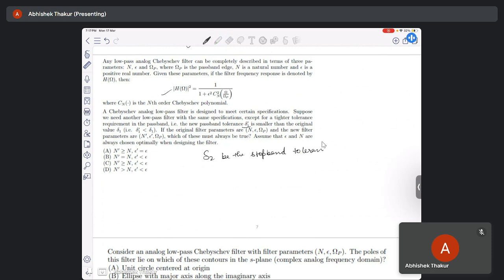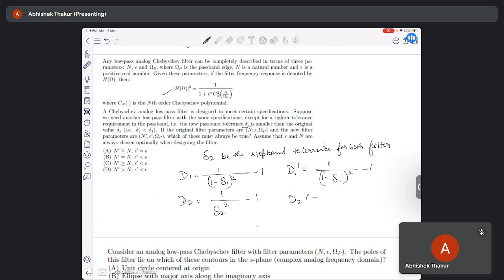Okay, so d1 is equal to 1 by delta 1 square minus 1, and d1 prime is equal to 1 by delta 1 prime square minus 1, and d2 is equal to 1 by delta 2 square minus 1, and d2 prime is equal to 1 by delta 2 square minus 1.